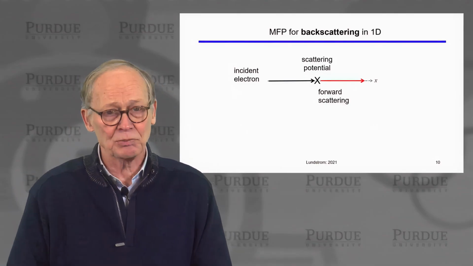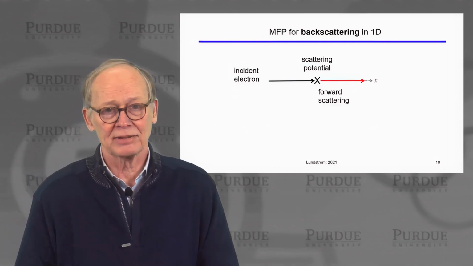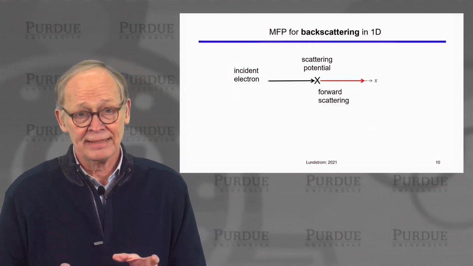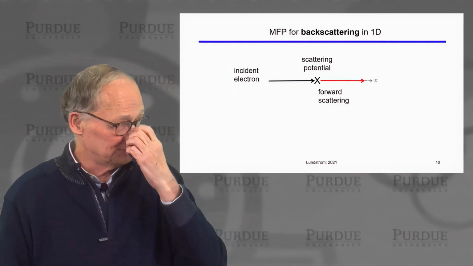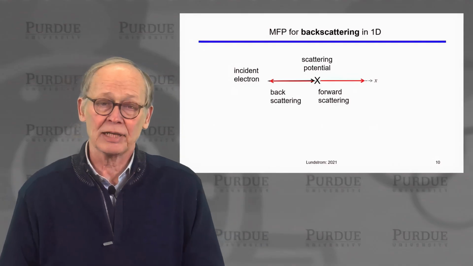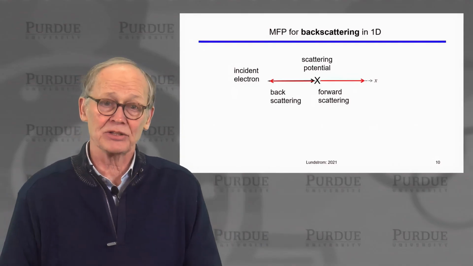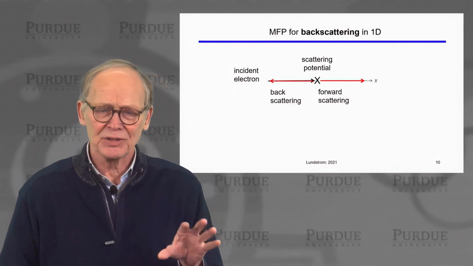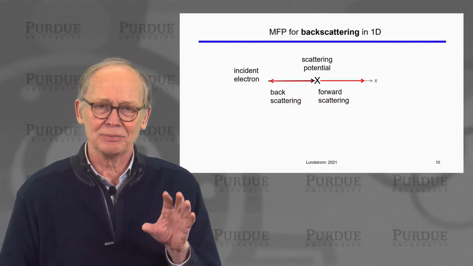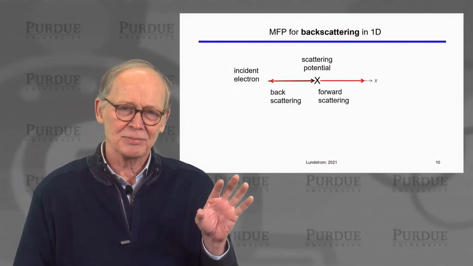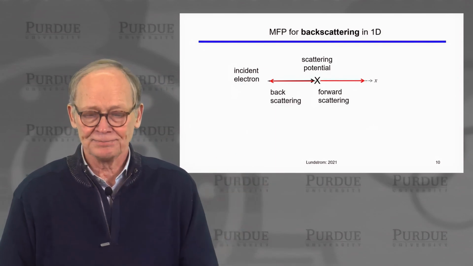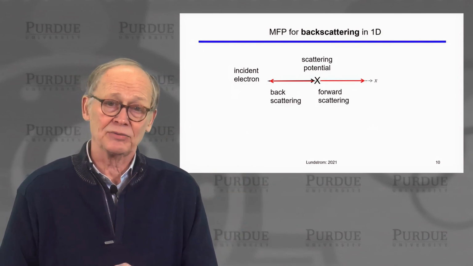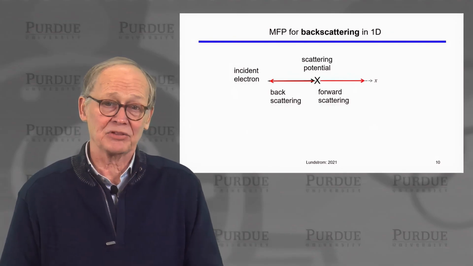It has equal probability of knocking the electron in any direction, and in 1D, there are only two directions. It could scatter forward, or it could turn around, reverse direction, and backscatter. We refer to this as the mean free path for backscattering because the backscattering events are the ones that reduce the current. So you can see in this case, if we forward scattered, it's as though we haven't scattered at all.